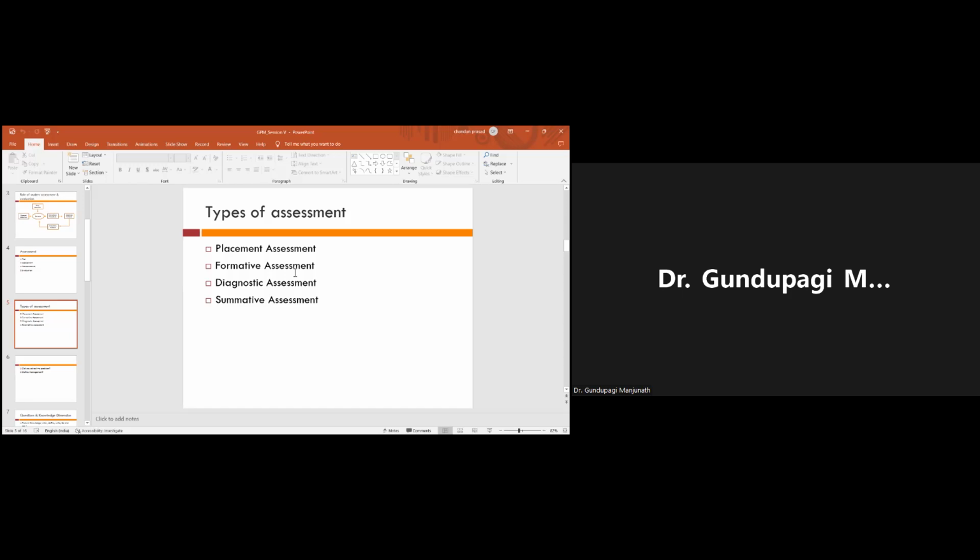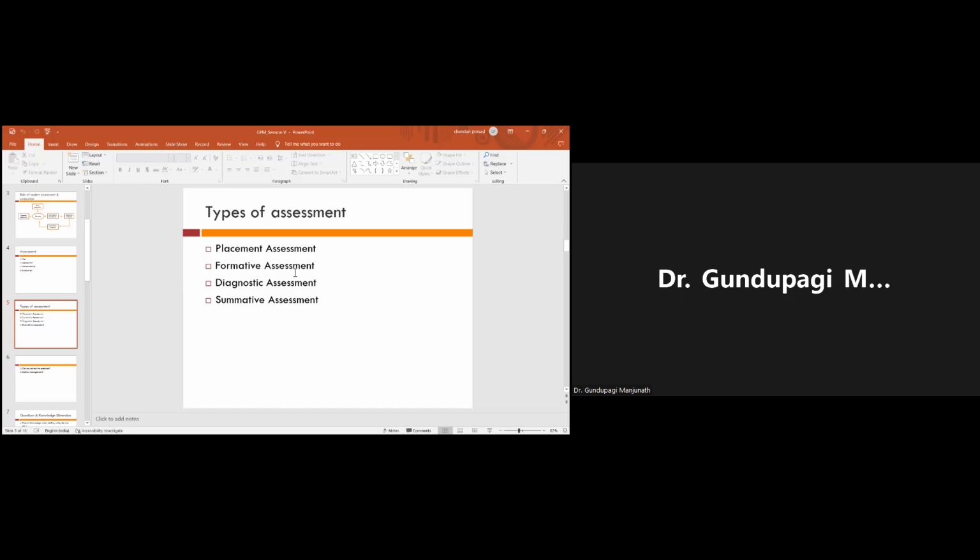Because what is the objective? The objective is the achievement of the instructional objective. What are your instructional objectives? They will be there in your syllabus. Why are you discussing this syllabus with the student, whether it may be a lesson or a unit? The objective of that particular concept has to be explained, and we have to test, and we have to evaluate. That is the procedure.